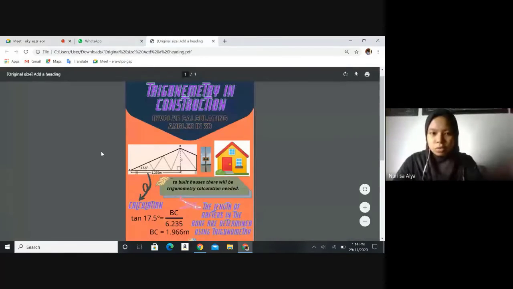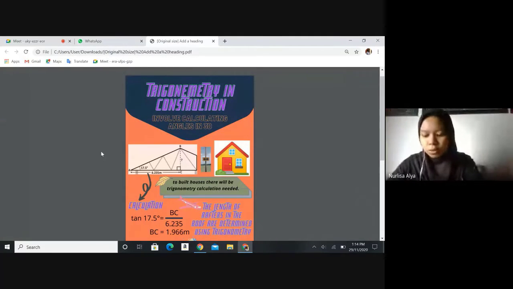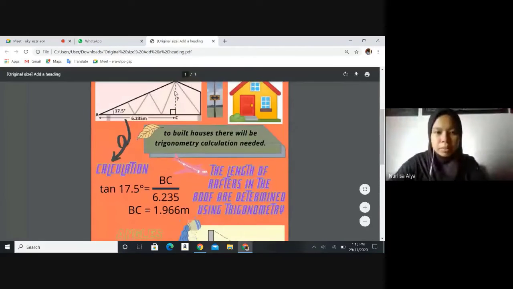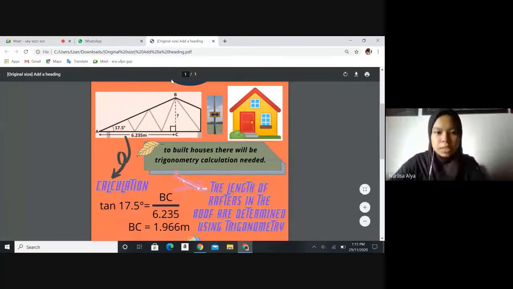So we go to calculation of angle in 3D. To build houses, trigonometry calculation is needed, where we calculate the length of the rafters in the roof using trigonometry. For example, we need to find the length of BC, which is the opposite, and the angle given is 17.5 degrees, and the adjacent is 6.235 meters.